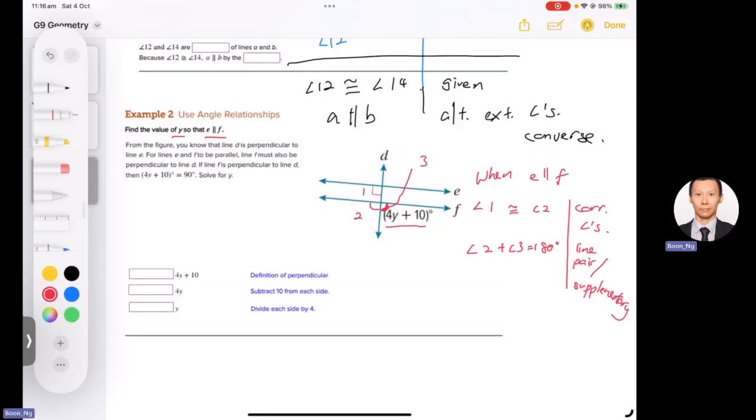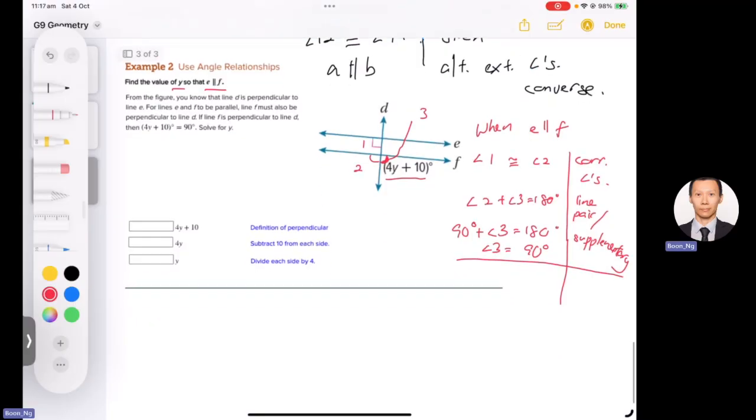My habit is always supplementary, but either one works. So angle 2 is 90 degrees, plus angle 3, which is 180. So from here, we work out angle 3 is 90.